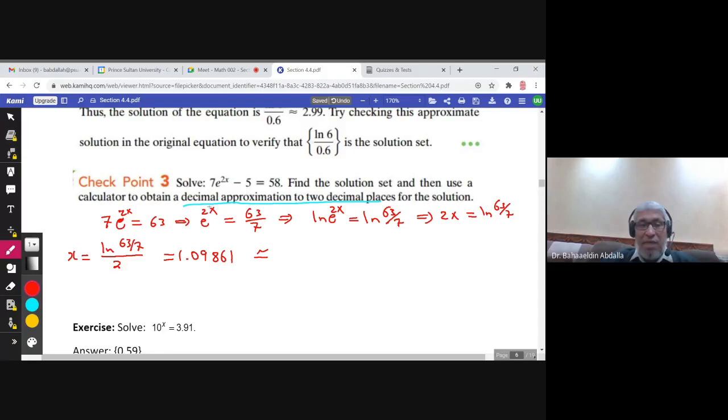It said 2 decimal places, meaning 2 numbers after the decimal. So I need 0, 9. Now I look at the number after 9, which is 8. It's greater than 5. So I have to add 1 to 9. If you add 1 to 9, it would be 10. So I have 1.10. So this is the final answer.